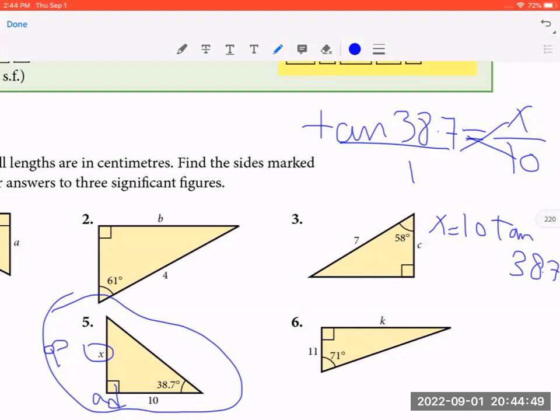Shall I erase this? Yeah, it's all right. I know how to do it. I will leave it till you finish.